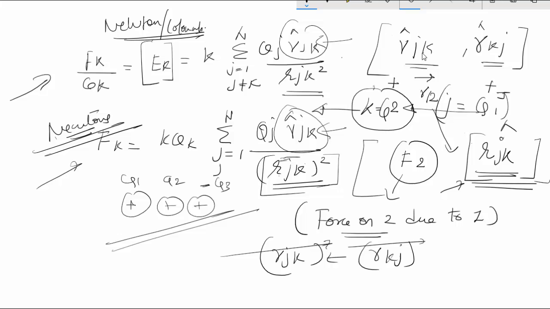Again here, j will not be equal to k. So that's what you have to consider while you are applying the superposition theorem to Coulomb's law to find out the force on one charge due to more than one point charge.